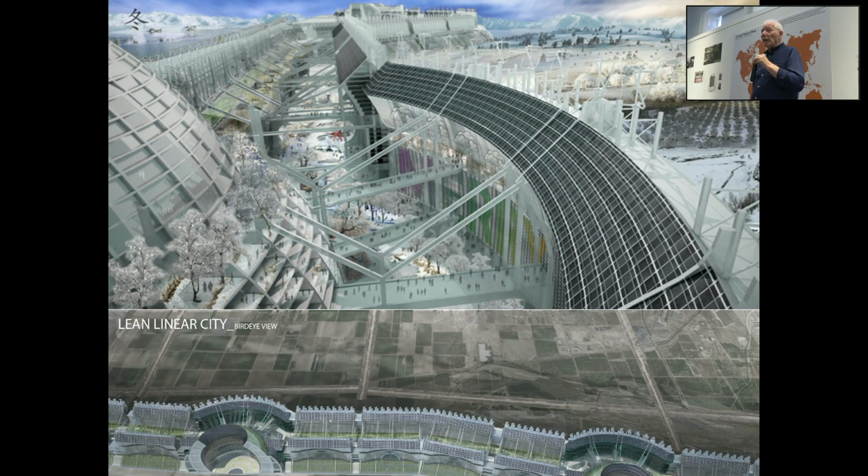Soleri, some of you may know as the architect of Arcosanti. So in his favor, he lived his whole life for this dream and attempted to build a part of it in, I think, the Arizona desert. The Lean Linear City. What he's talking about is a kind of artery that would thread along, and there's a series of modules.